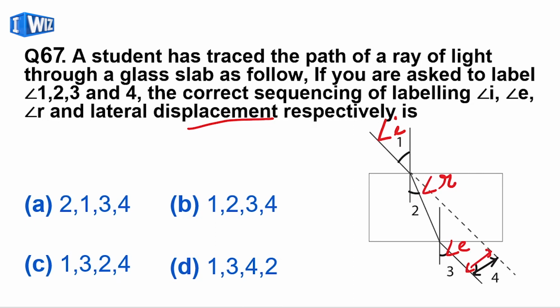So angle of incidence is angle 1, angle of emergence is angle 3, angle r is angle 2, and lateral displacement is angle 4. So the right option is this one.